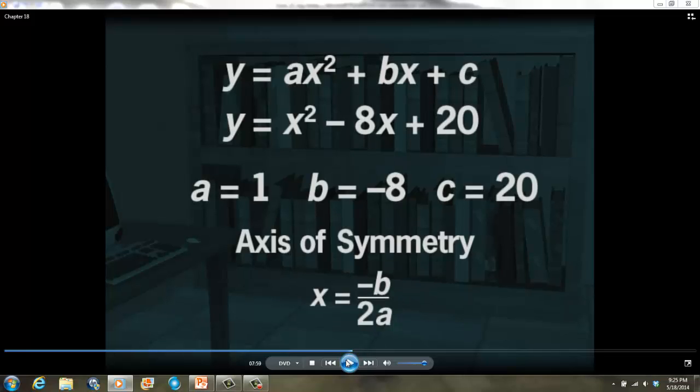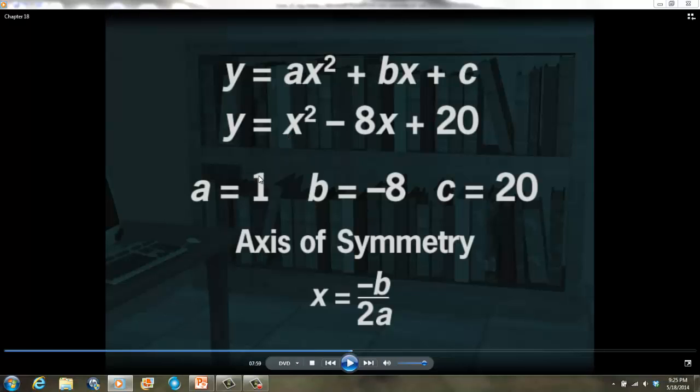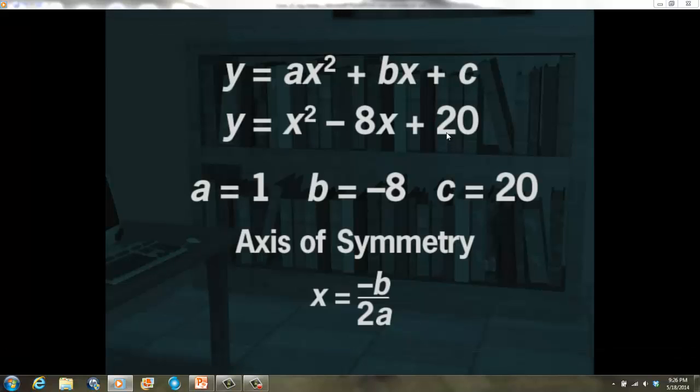Wait! Notice that a simply represents the coefficient in front of the squared term. In this case, we have just 1x squared, so a is 1. b is always the coefficient in front of the x that is not squared, and c is always the constant, so it is the term that does not contain a variable.